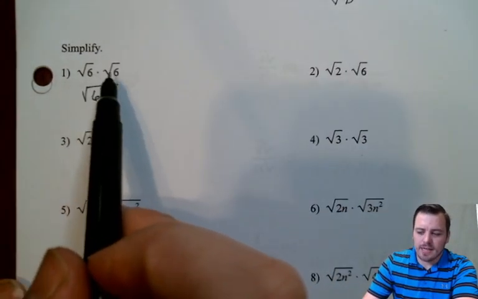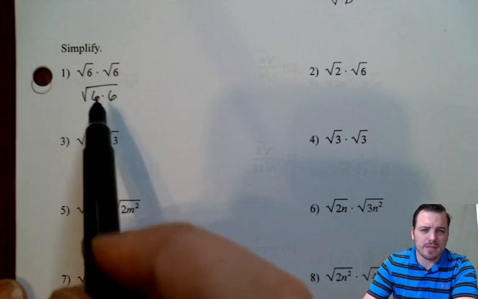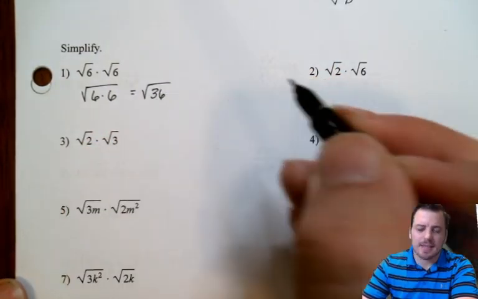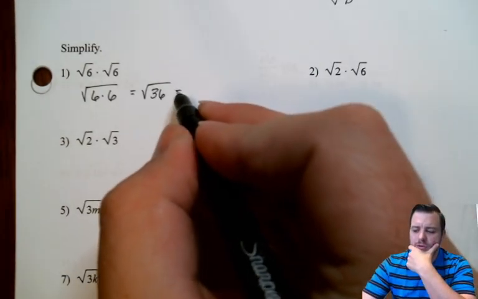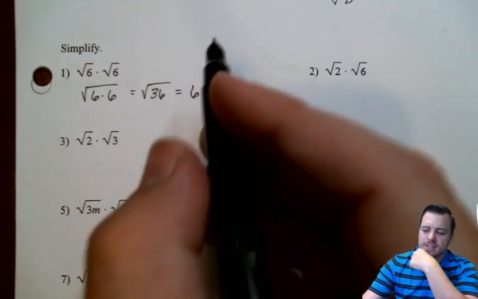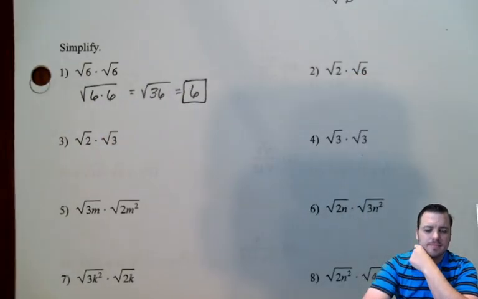Again, radical A times radical B is just radical A times B. Whatever's on the inside, you put it together. And that's going to be equal to radical 36, which is equal to 6.